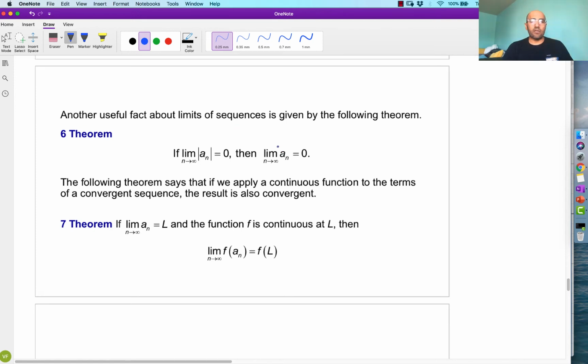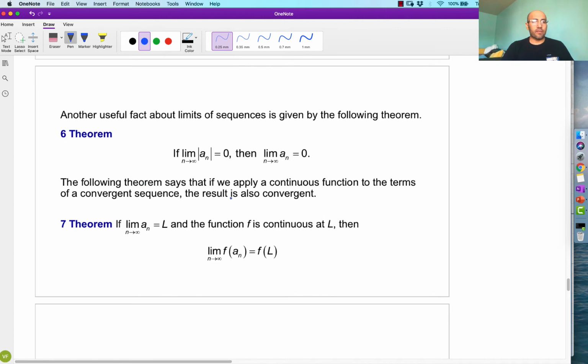And so this is saying, well, let's strip away the negatives for a second. Let's apply the absolute values and ignore the fact that some of the terms or all of the terms are negative. If we can show that the limit of the ones that are all positives converges to 0, then we can say that the one that did have some negatives in the sequence also converges to 0. Good.